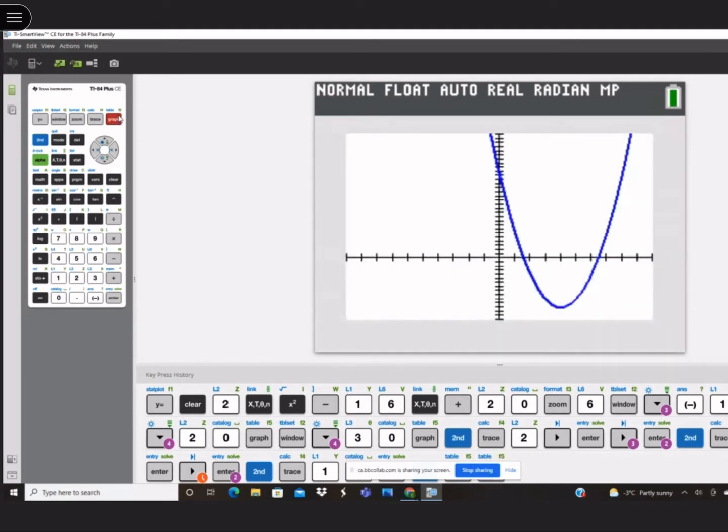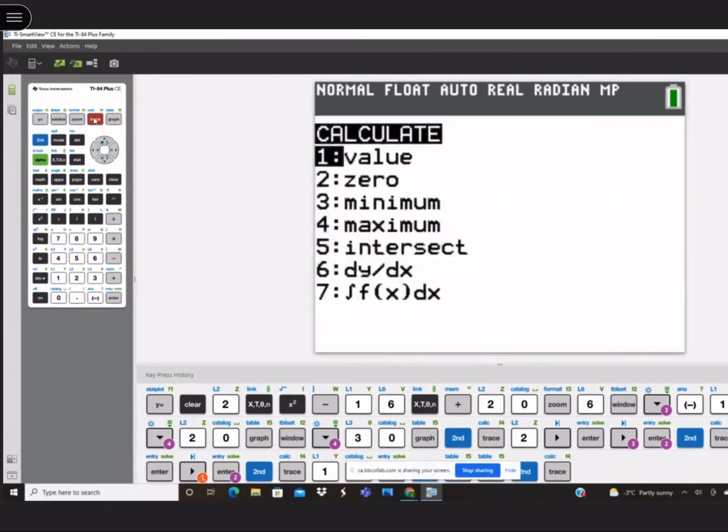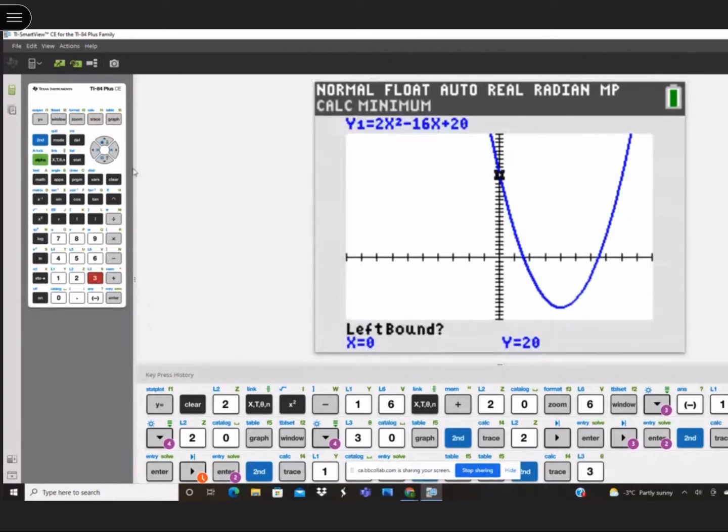The last thing we want to find on this graph is the location of your minimum point, or that low value vertex in this case, because it's a parabola. So if you go second function, calculate one more time, we want to find a minimum. So we're choosing option 3, or you can arrow down and choose option 3. And then we want to get to the left and right sides of that minimum point.